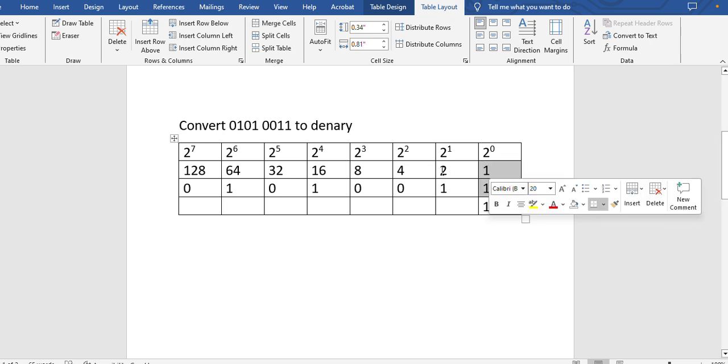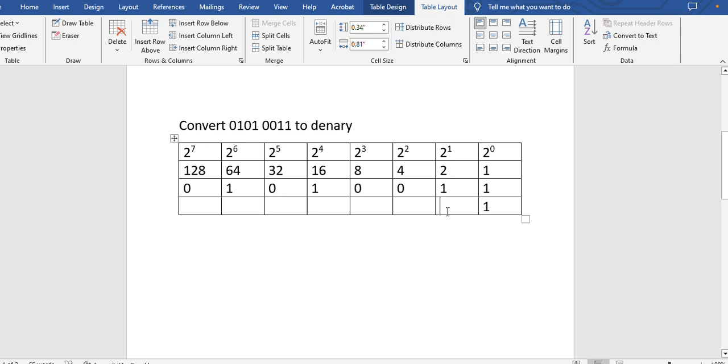Yes, I hope you are observing. 1 times 1, you get 1. 2 times 1, you get 2. Then 4 times 0, you get 0. 8 times 0, it is still 0.